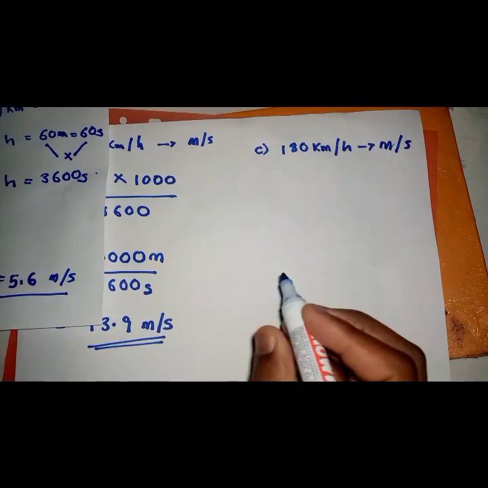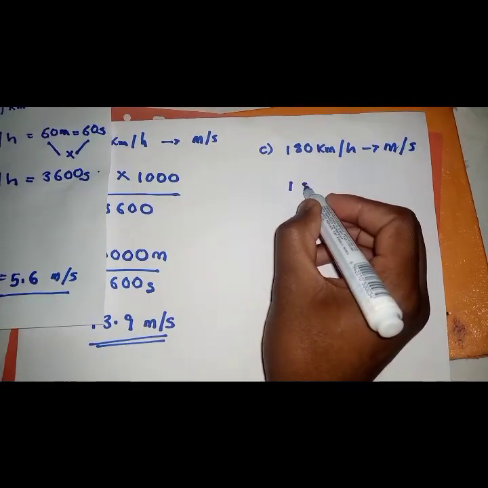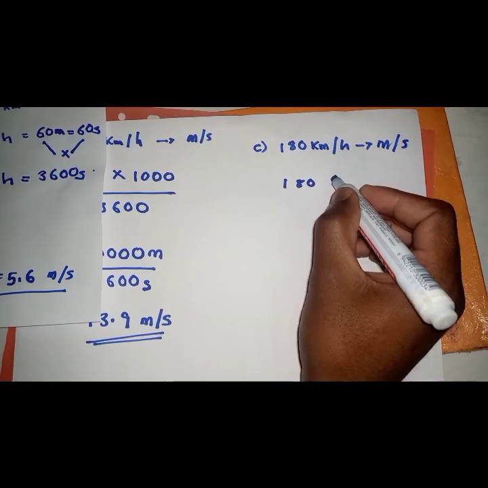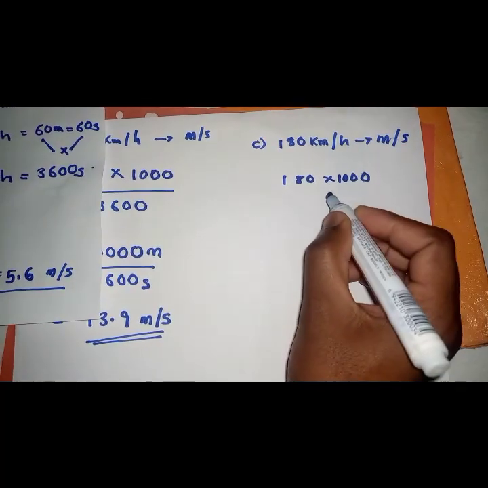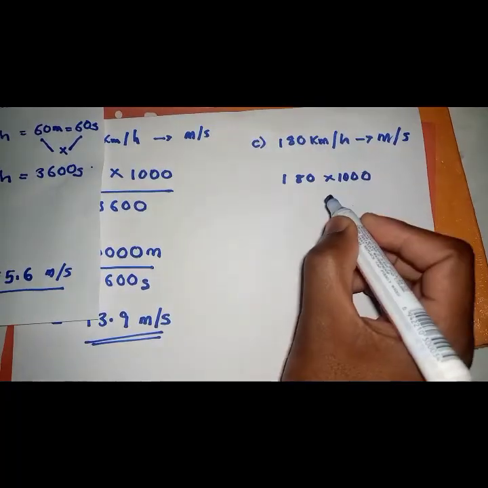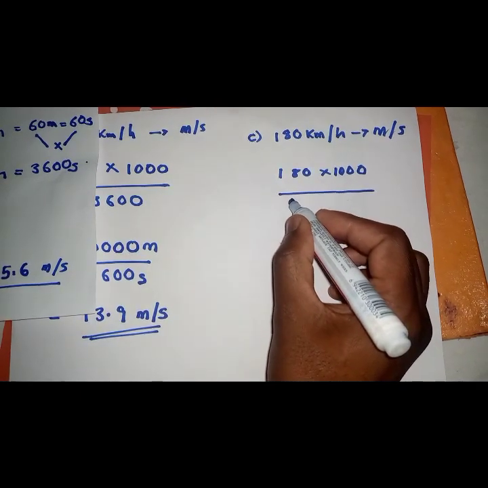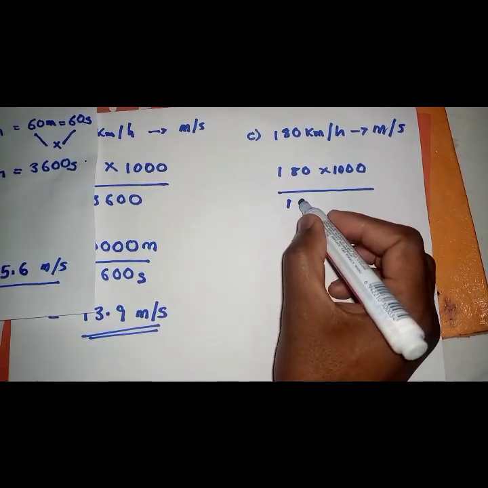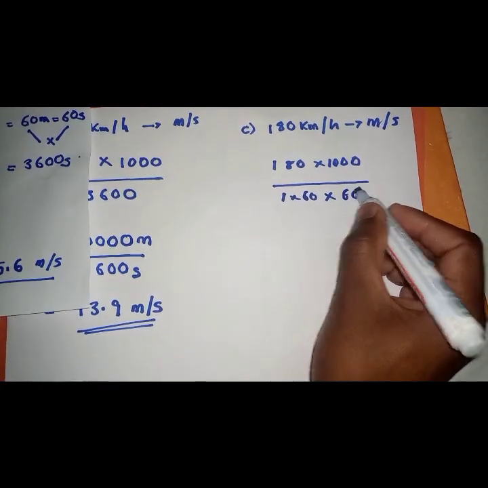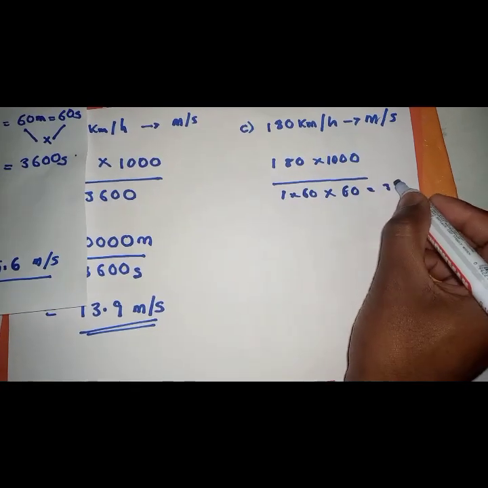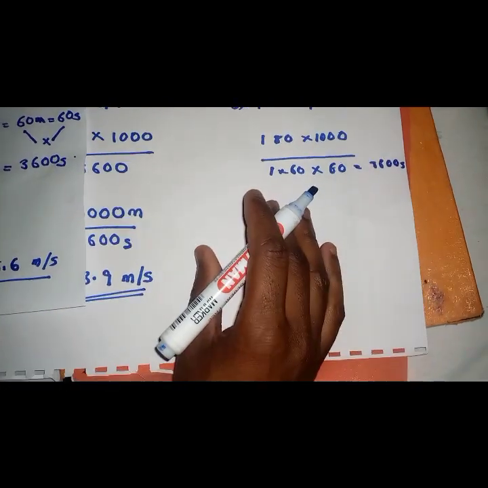All right, so same formula. We're going to say 180 multiplied by 1,000 in order for us to have the kilometers converted to meters. Then we divide by the number of seconds that we have. We know that in 1 hour there are 60 minutes, and in those 60 minutes there are actually 60 seconds. This is basically 3,600, that I'm showing you where it's coming from once again.